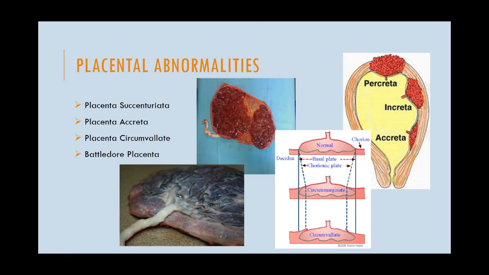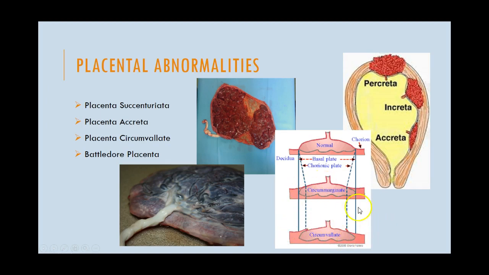And then we have placental abnormalities. You do not have to know each of these individually or in depth. I just want you to know that there are these different types of placental abnormalities, and what happens in these is that the placenta embeds itself too deep into the uterine wall.